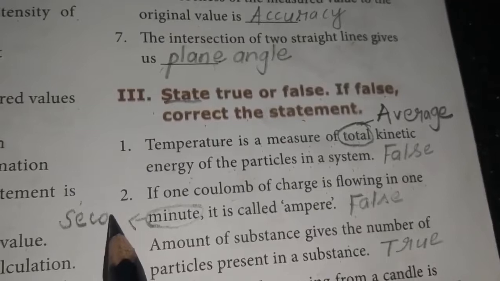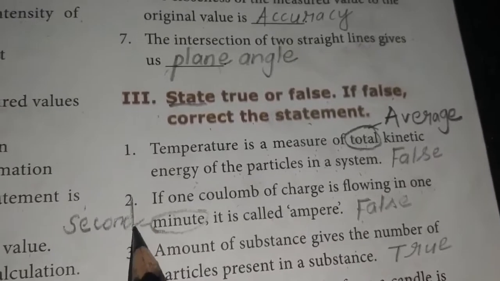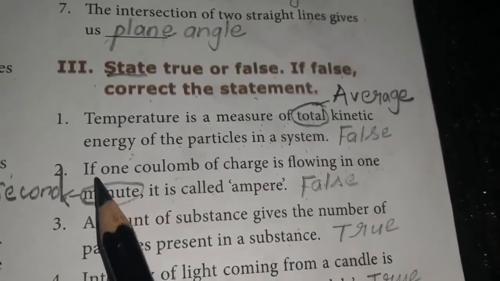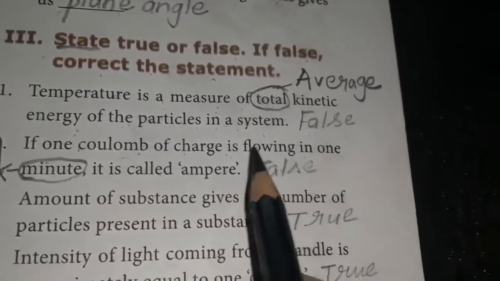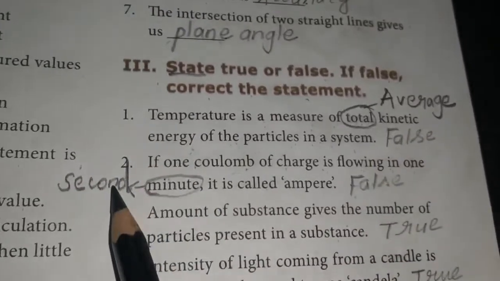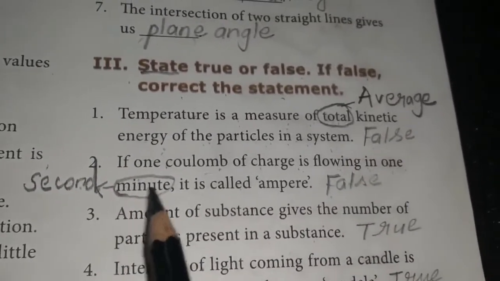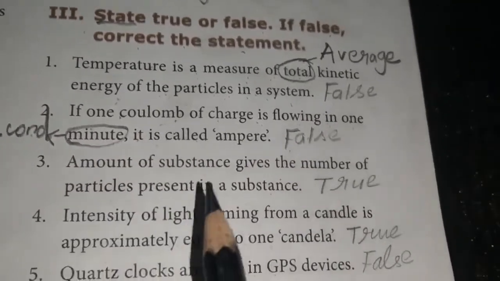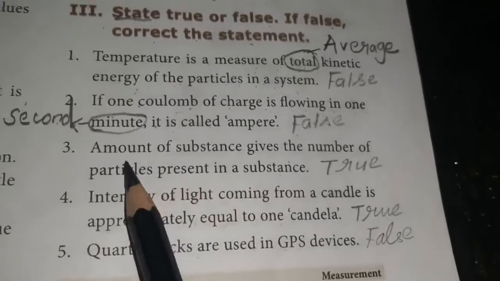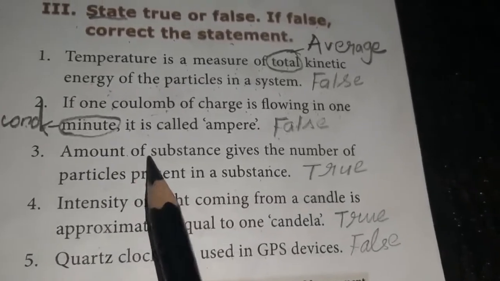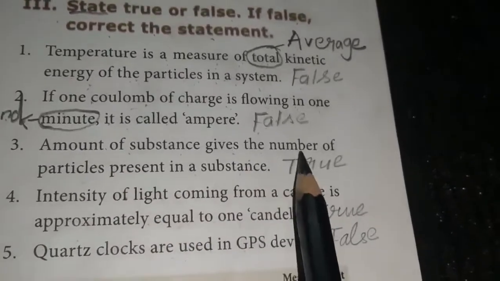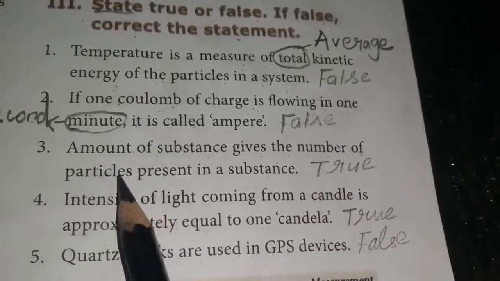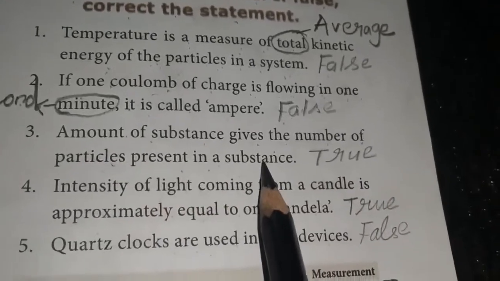One second is the correct answer. So if 1 coulomb of charge flows in 1 second, it is called ampere. And then third one, amount of substance gives the number of particles present in a substance.